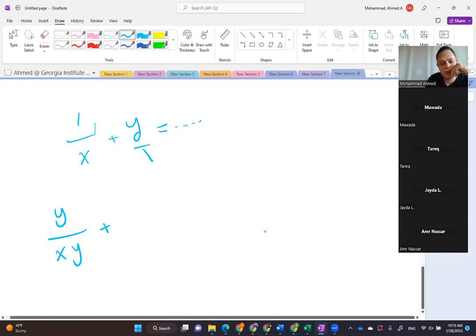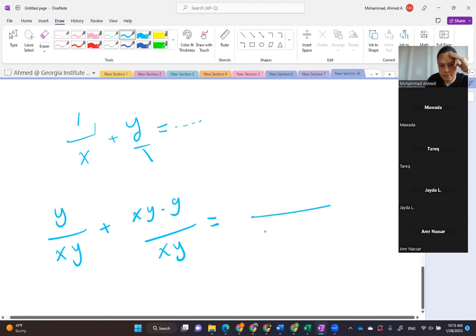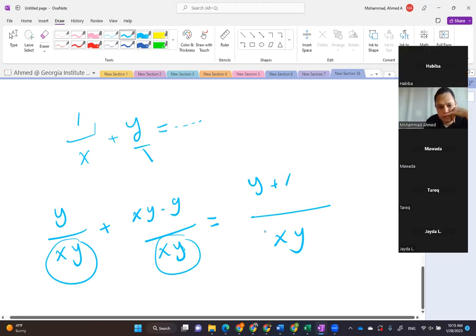And if I multiply here by xy, and we have y from the beginning, and here is xy, so the same denominator xy, and this one is going to be y plus x y square.